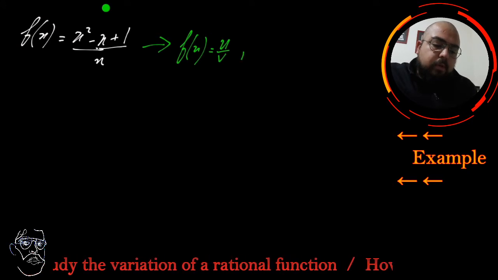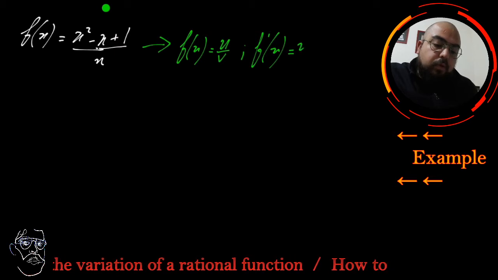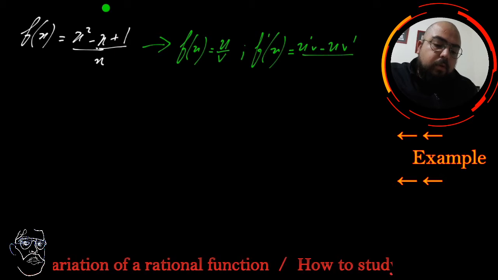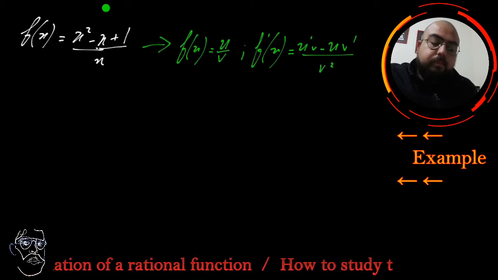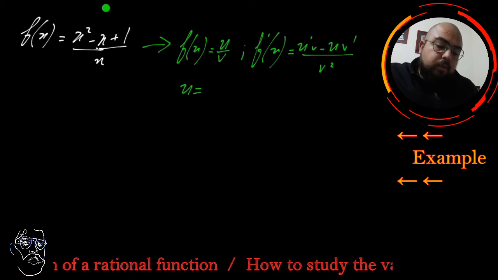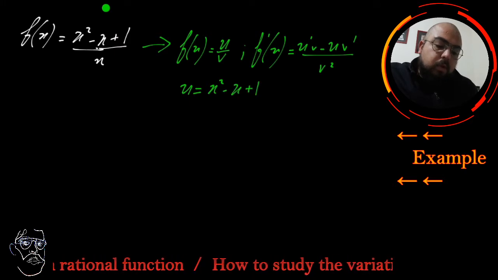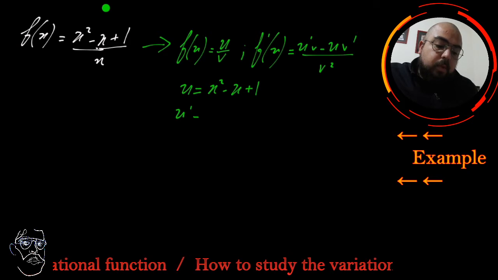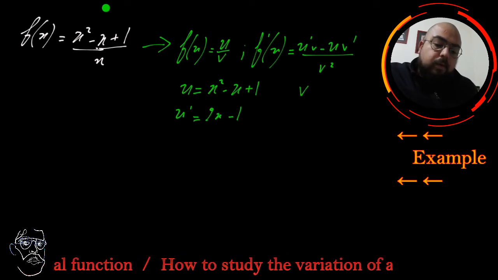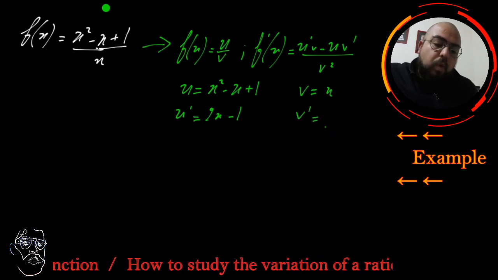And of course, the derivative will be f prime of x equals u prime v minus u v prime over v squared. So we have u is equal to x squared minus x plus 1. Once we calculate the derivative u prime, it will be 2x minus 1. V is equal to x, so v prime is equal to 1.